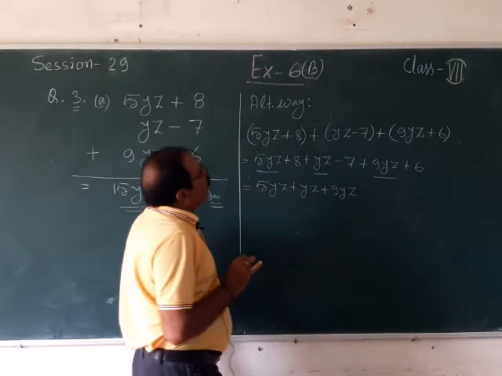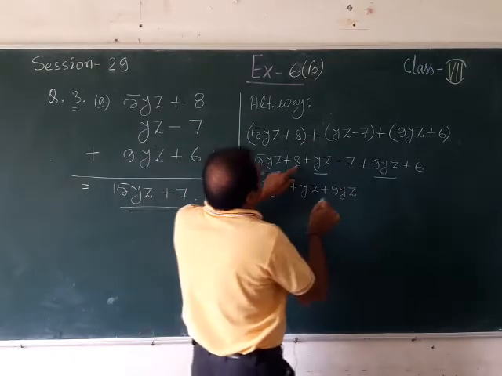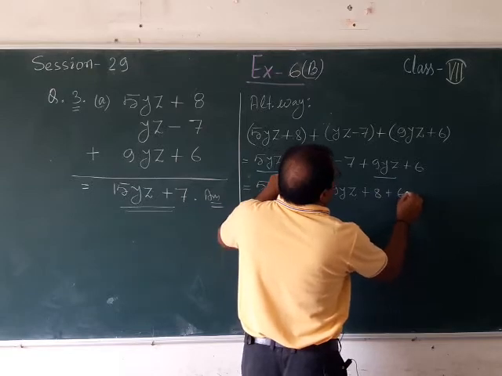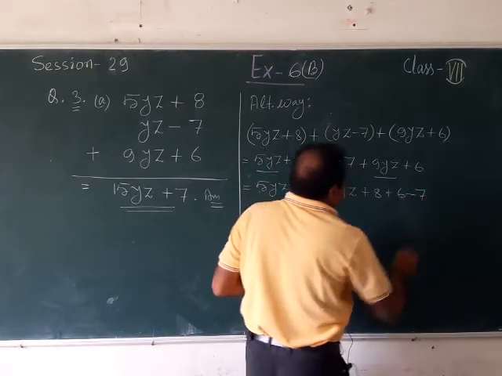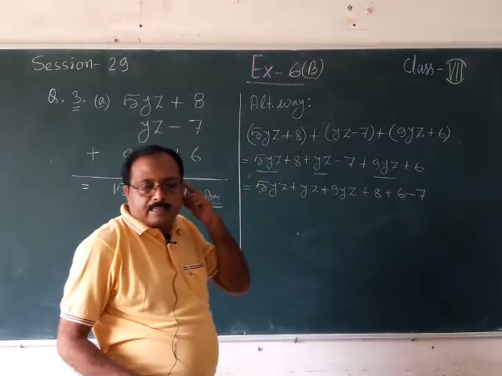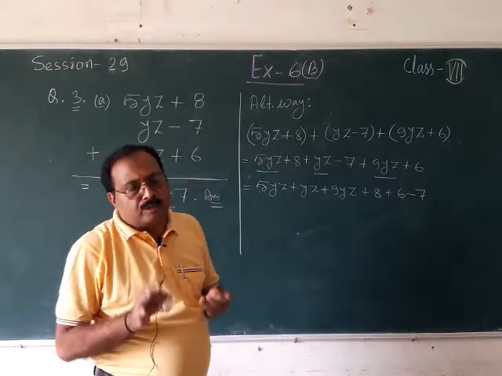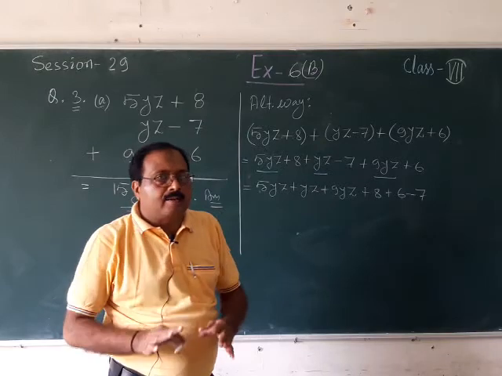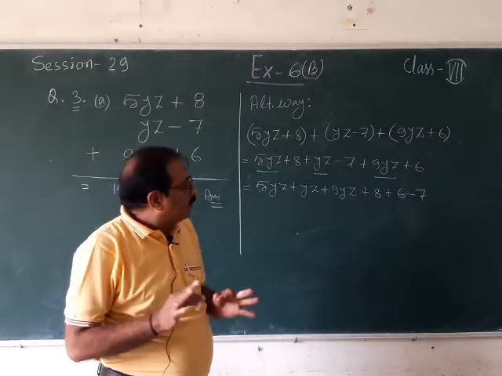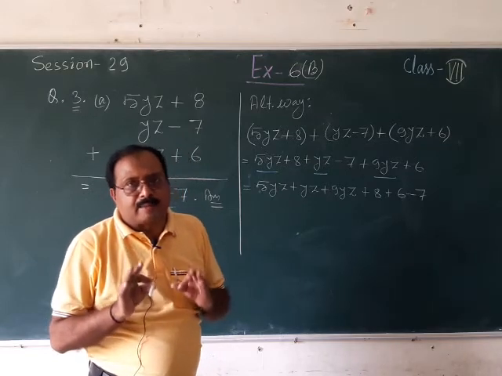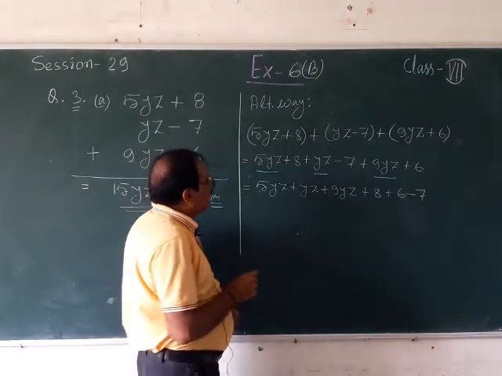Then you write all the constant terms: plus 8, then plus 6 and at last minus 7. According to the board marks, the terms containing a plus sign should be written first. When you write the like terms, take care to write the terms having a plus sign first, then the minus sign.